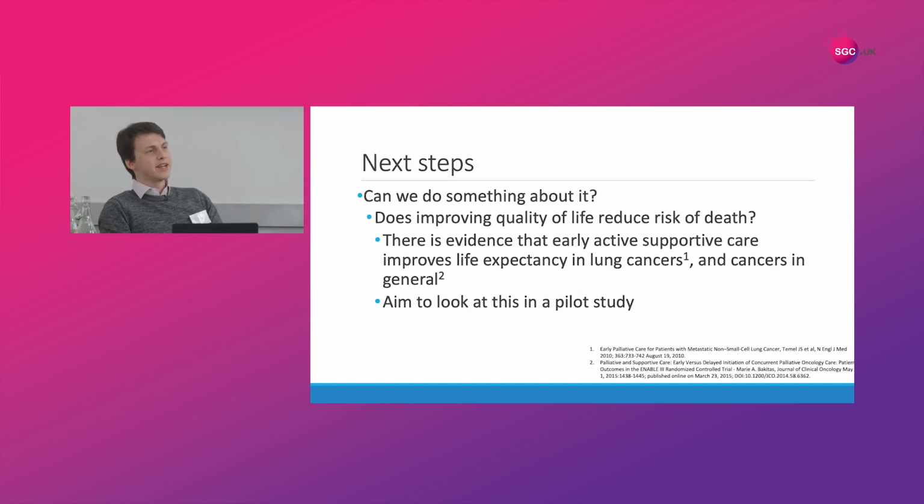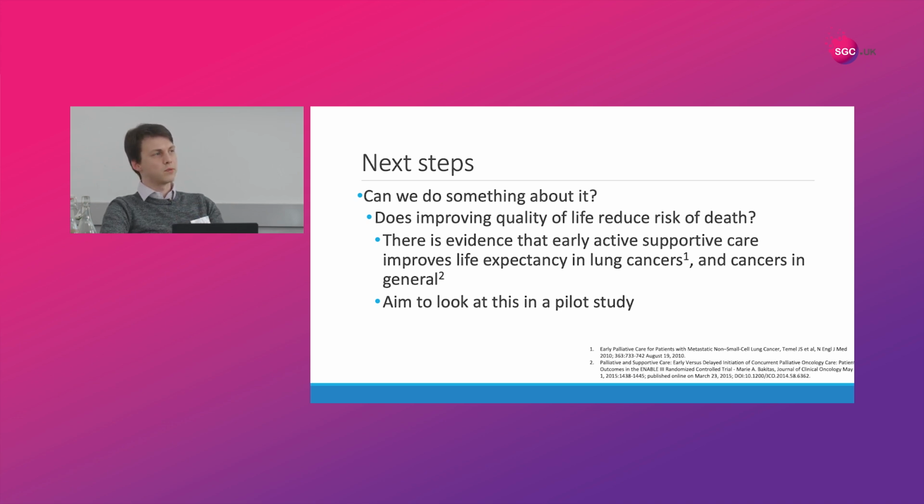That led us on to the logical next question of whether we can do something about this. The real question there is, if someone is found to have a poor quality of life, and we improve that, does it then reduce that risk of dying?